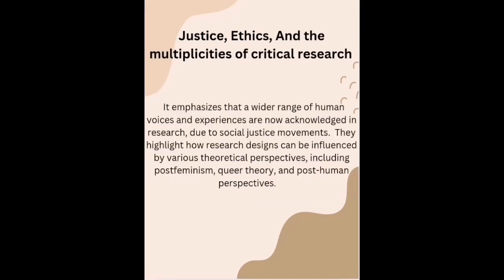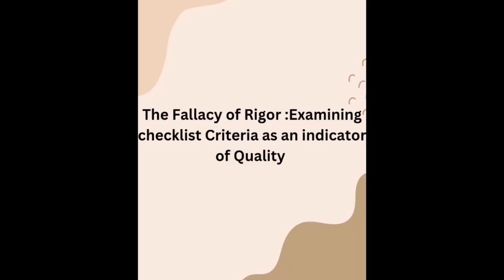And the last of my first topic is justice, ethics, and the multiplicities of critical research. They highlight how research design can be influenced by various theoretical perspectives, including post-feminism, queer theory, and post-human perspective. And the last is the policy of rigor, examining checklist criteria as an indicator of quality. And this is the last topic that I will discuss.